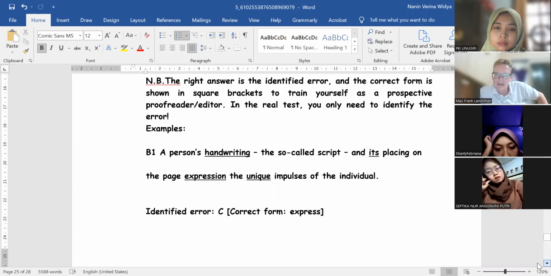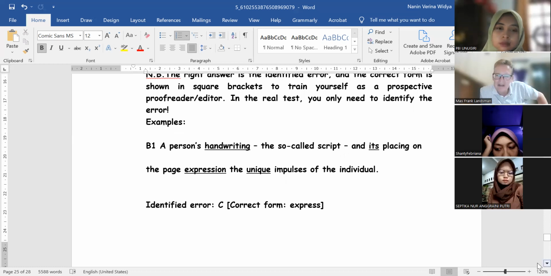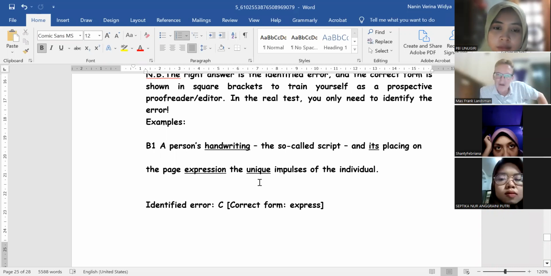So rather formal sentence, the person's handwriting, the so-called script, now when you connect this, so A, that, so translating to the height and placing express unique impulses of the individual.